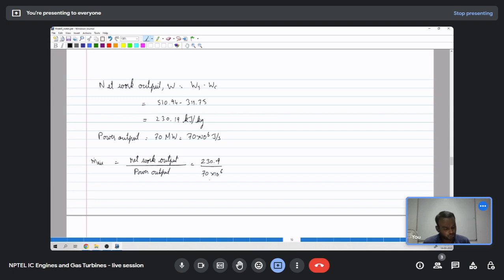In terms of joules, to have everything in the same units, we can convert the numerator also to joules per kg.